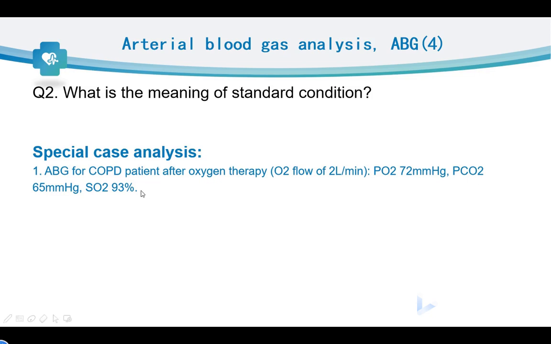According to these items of ABG, what can we conclude? I will give you 4 answers. A. Type 1 respiratory failure. B. Type 2 respiratory failure.